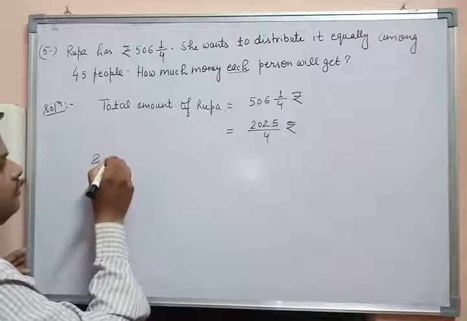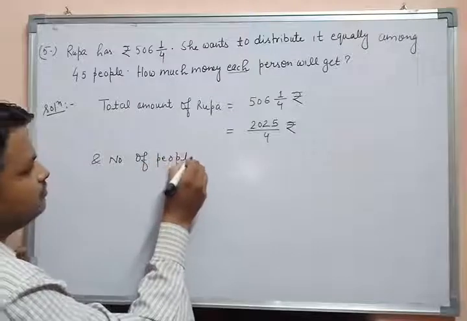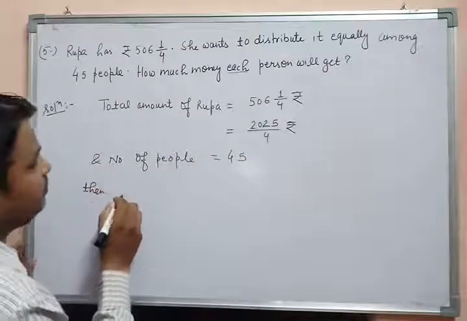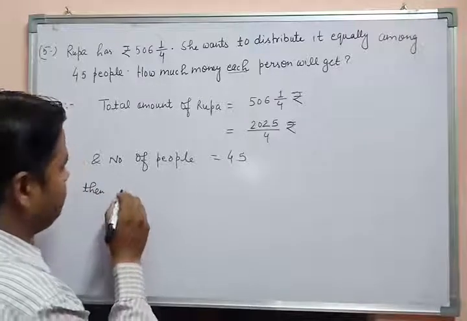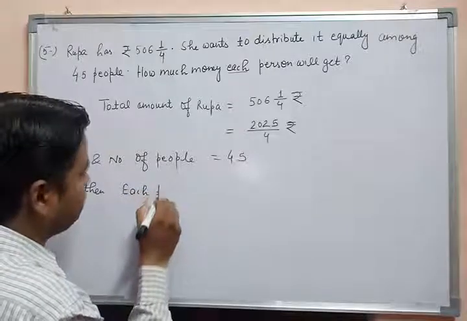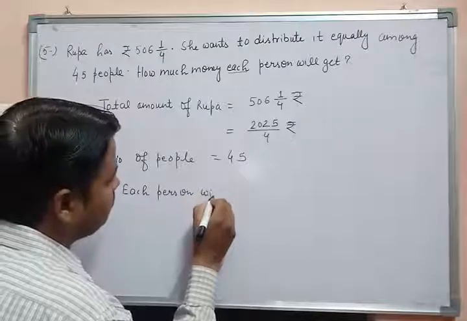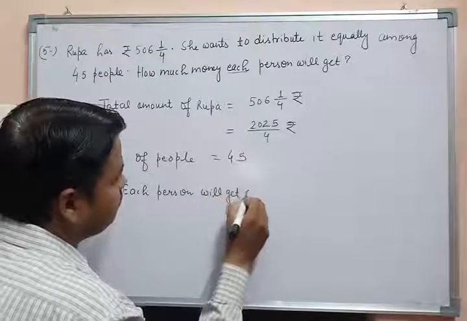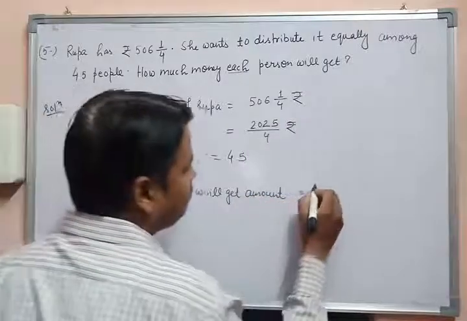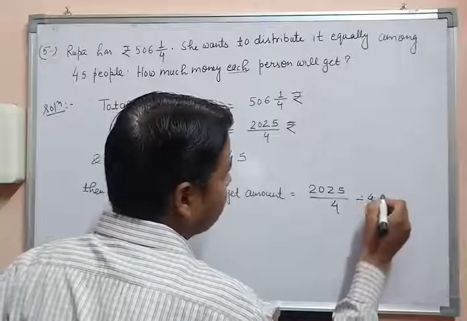The number of people is equal to 45, then each person will get amount equal to 2025/4 divided by 45.